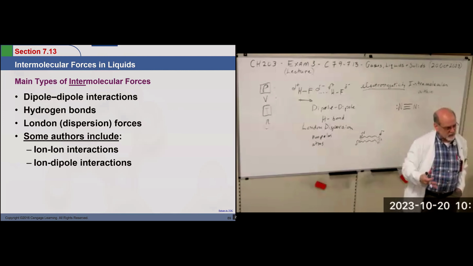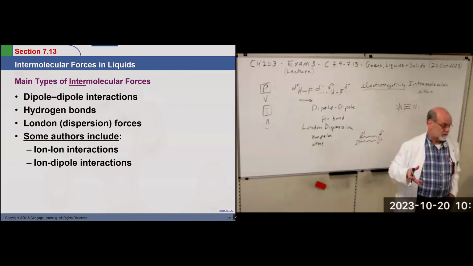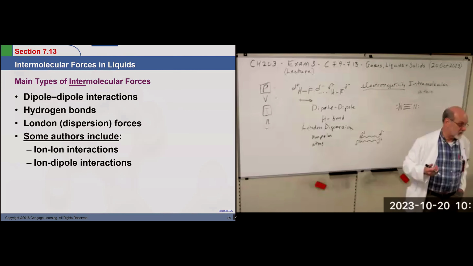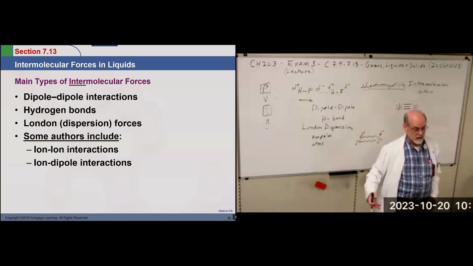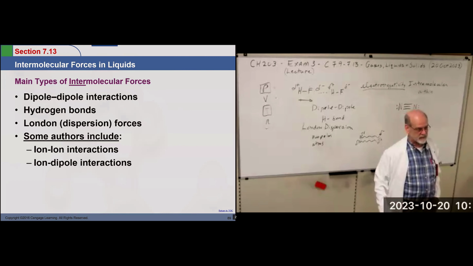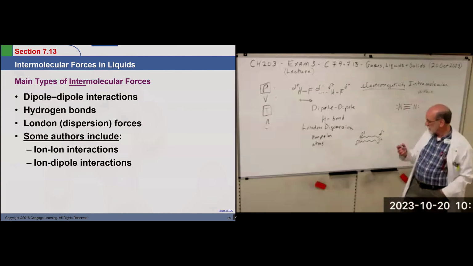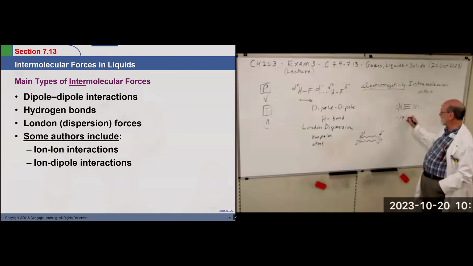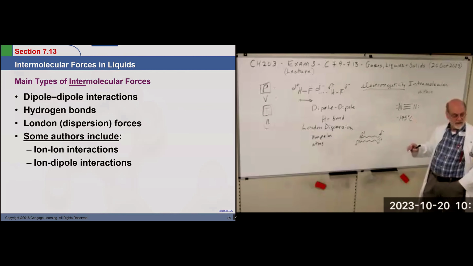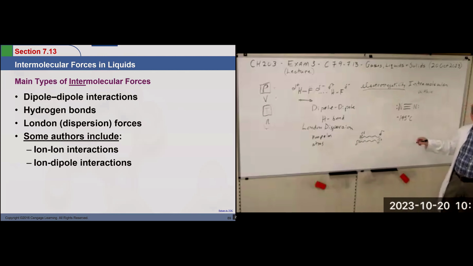So if there are no forces attracting the molecules together, and we just keep making it colder and colder, it'll stay gas all the way down to absolute zero. But it doesn't. At minus 195 degrees Celsius, it turns into a liquid.